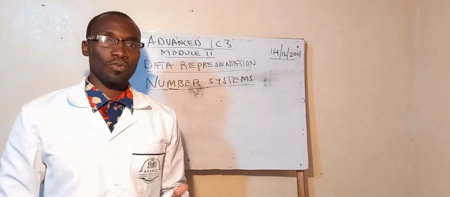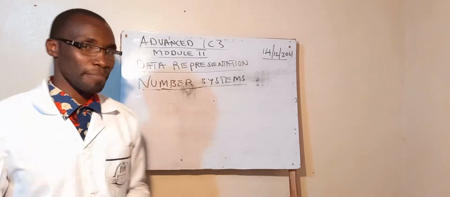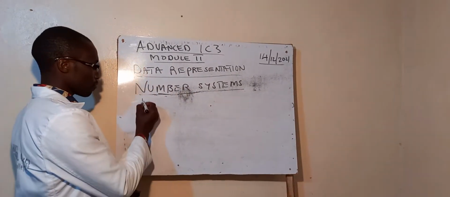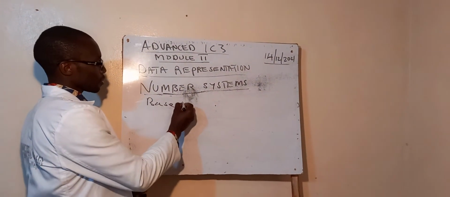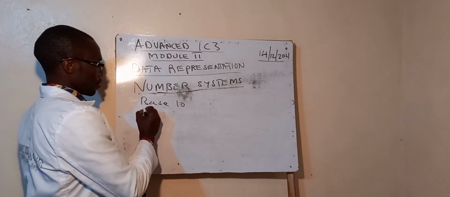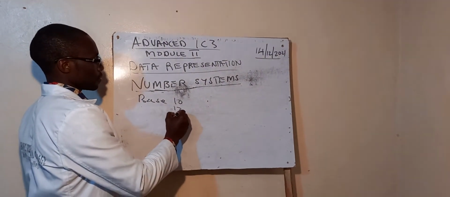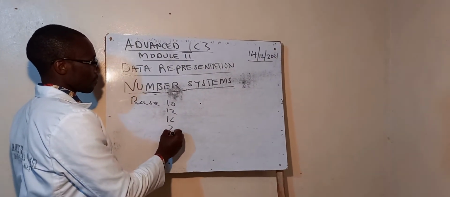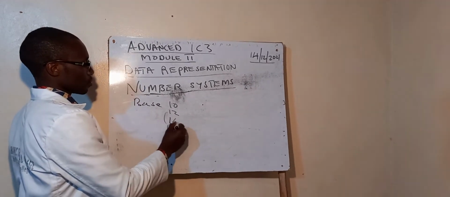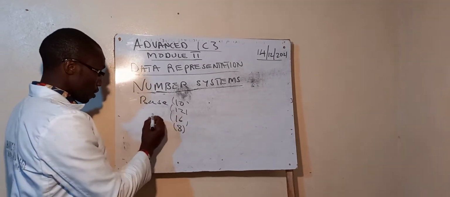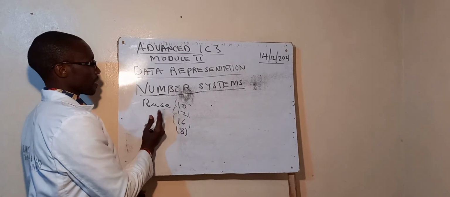Let's look into decimal base 10 number systems. I've talked of base 10, 12, 16, and we have 8 here. So let me look at base 10.